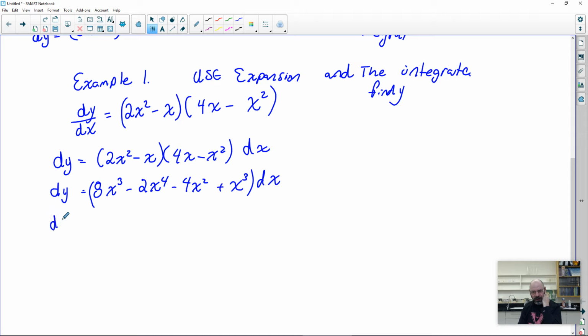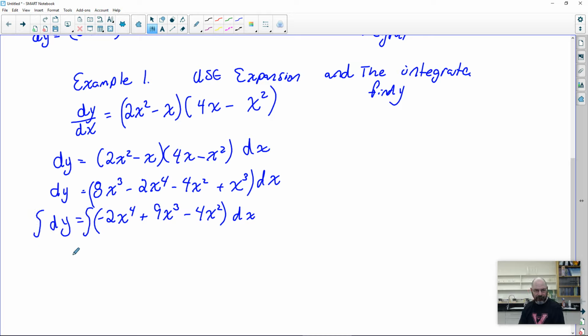So dy is equal to, starting with negative 2x to the fourth, and then add these two together, plus 9x cubed, minus 4x squared dx. Okay, and then we can integrate it.